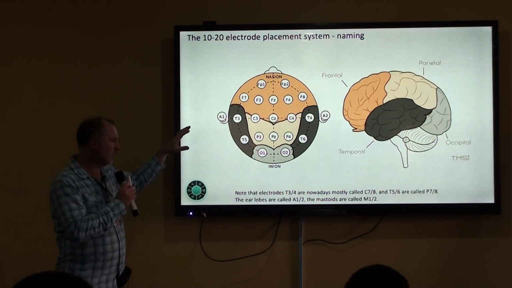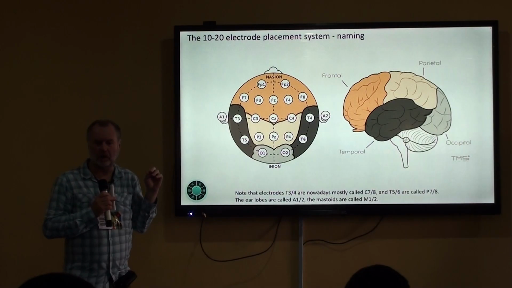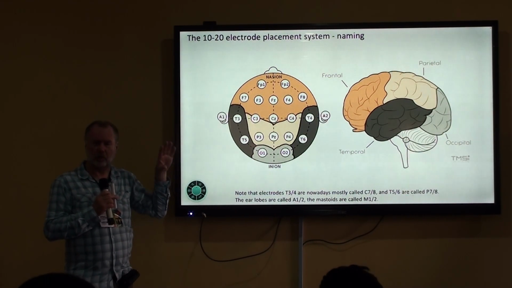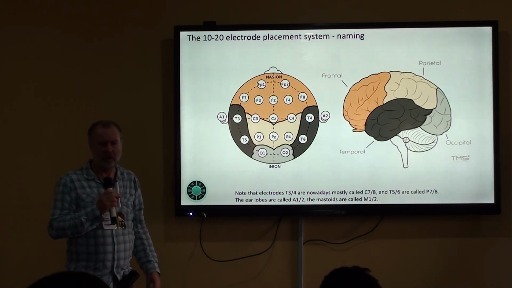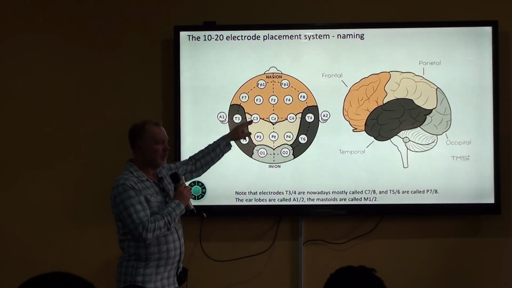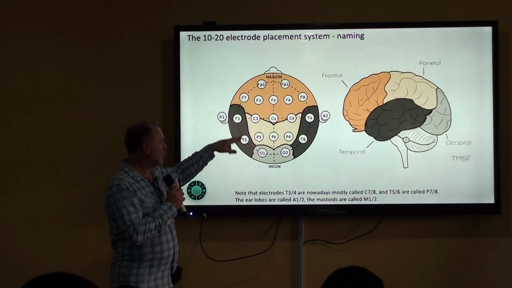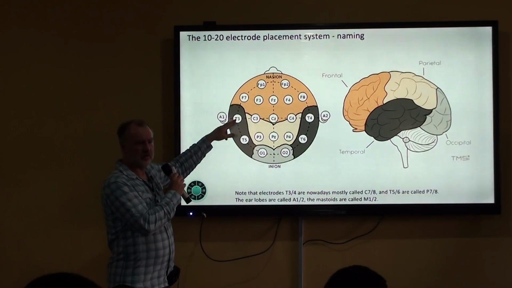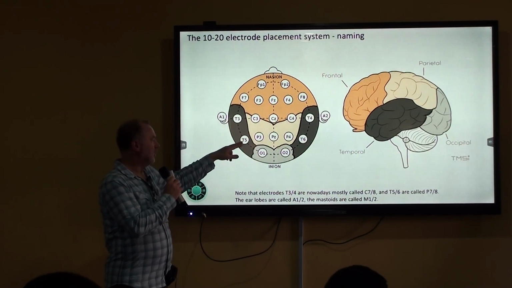So this is the original 10-20 scheme as it was introduced in 1958. Nowadays we're often using this scheme with more electrodes than the 21 which are depicted here. And it's a little bit inconvenient here, this transition from C to T. So nowadays what you see very often is that we don't use the T anymore, but this electrode is called C5 rather than T3, and this electrode is called P5.